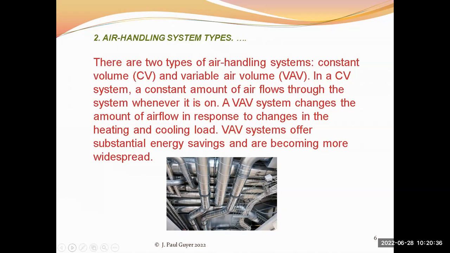And the drawback, if you will, of constant volume systems is that there's only one thermostat, and that thermostat would, if it's getting too cold in the space where the thermostat is, the thermostat tells a control valve on the chilled water line back in the fan room to close down a bit and cut down the quantity of chilled water that's going through the cooling coil, and thereby allow the occupied space to warm up a little bit.